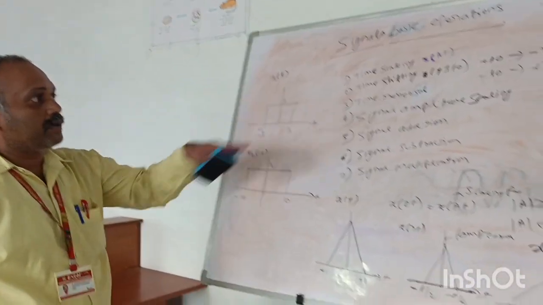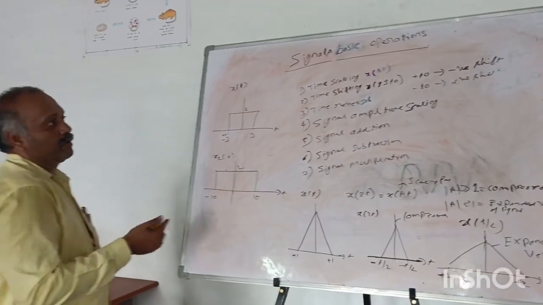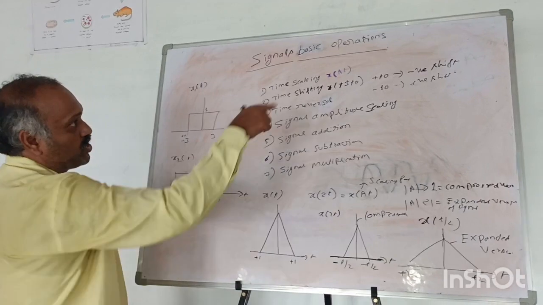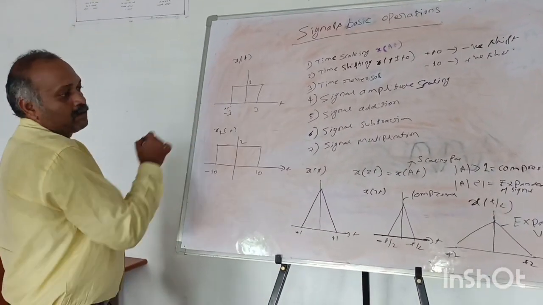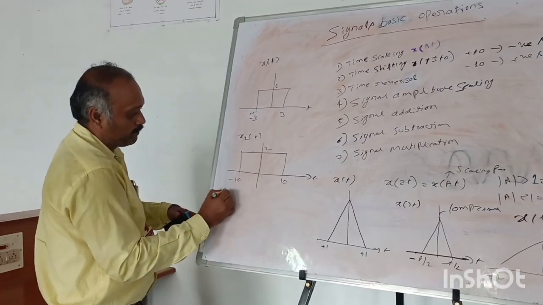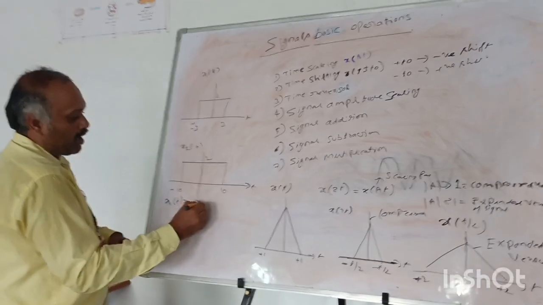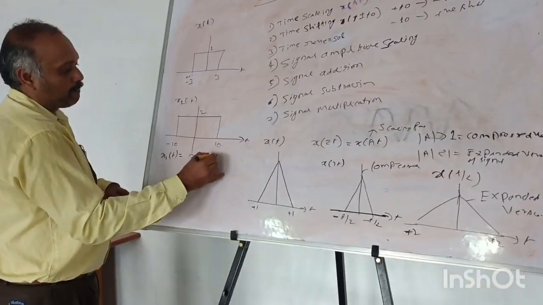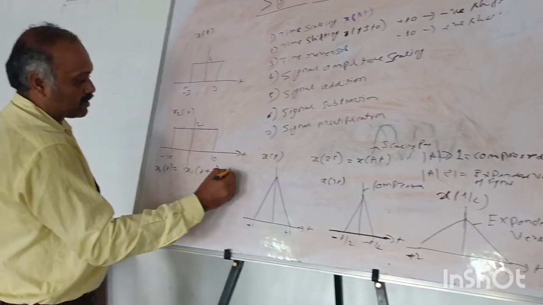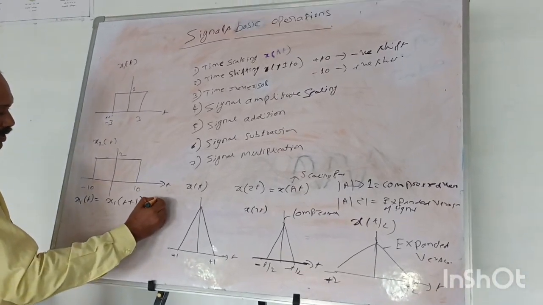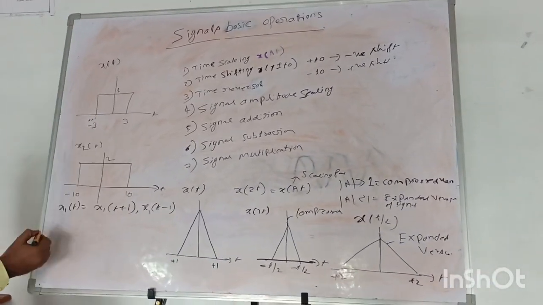That means if it is plus t naught, we shift the entire signal into the negative values, and if it is minus t naught, we shift the signal into positive values. So for example, take x1 of t. For this I want to draw x1 of t plus 1, and next x1 of t minus 1.